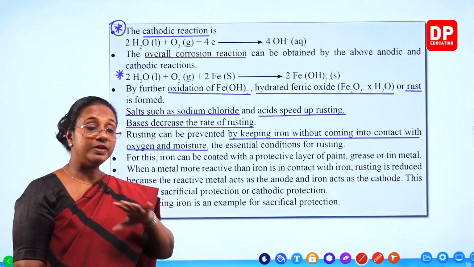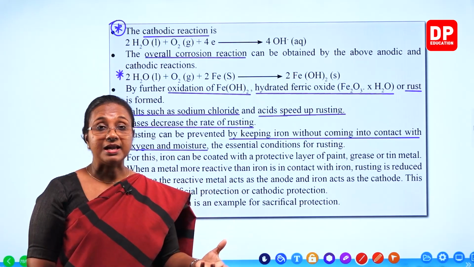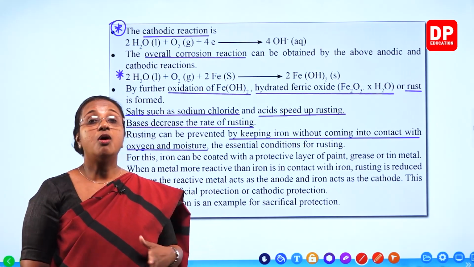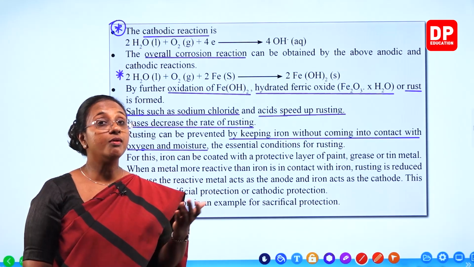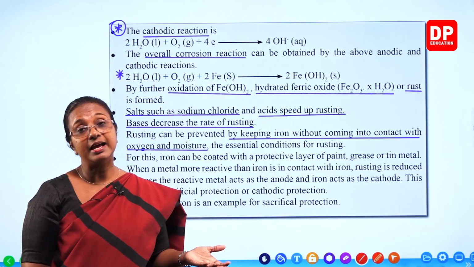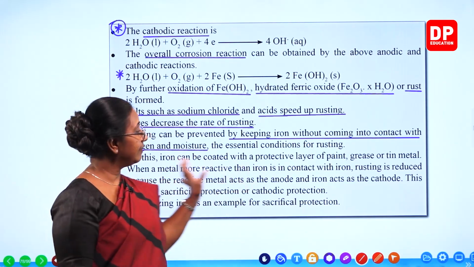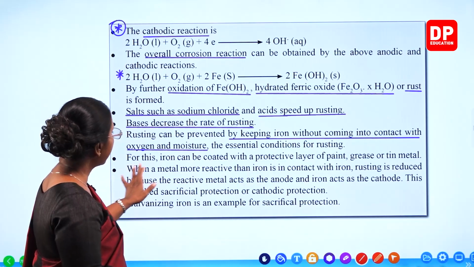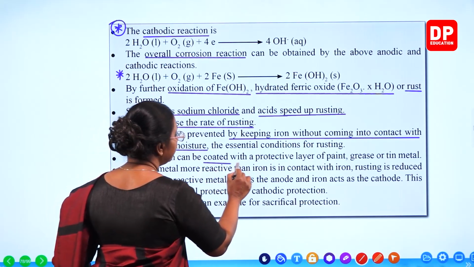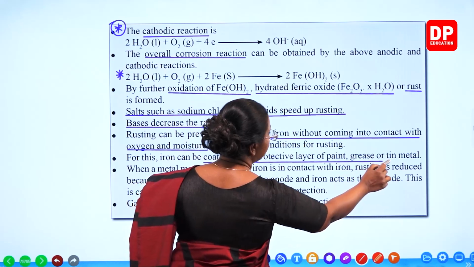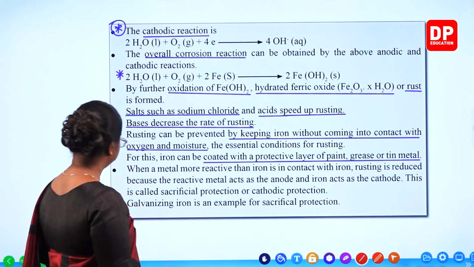So what do we do? We either paint it, apply grease, apply oil, or coat it with zinc, or we electroplate iron objects. So then it will be protected. Iron can be coated with a protective layer of paint, grease, or tin metal.